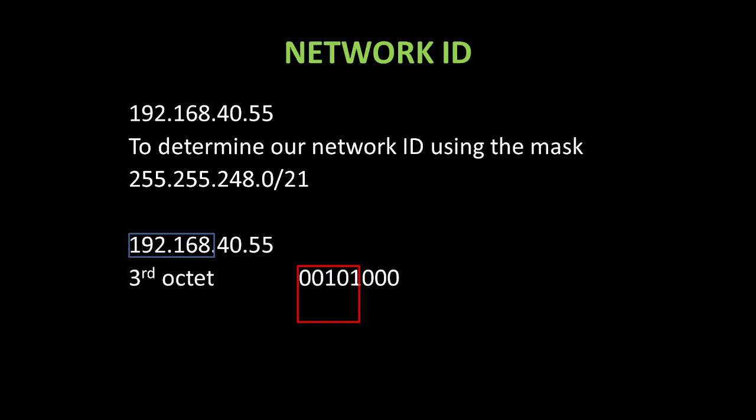So now let's convert the third octet of the IP address, which is that 40. We convert the 40 into binary, so that's the one you see there. And then we also bring in the subnet mask third octet again, which is 248.